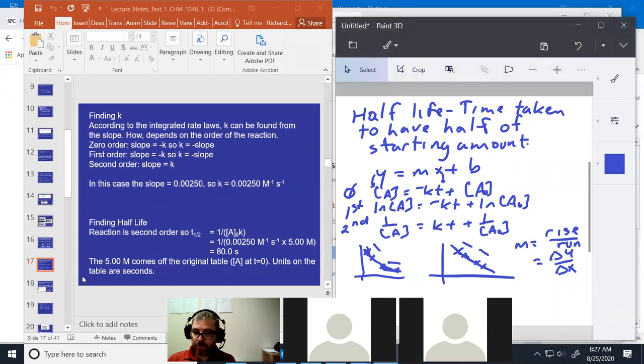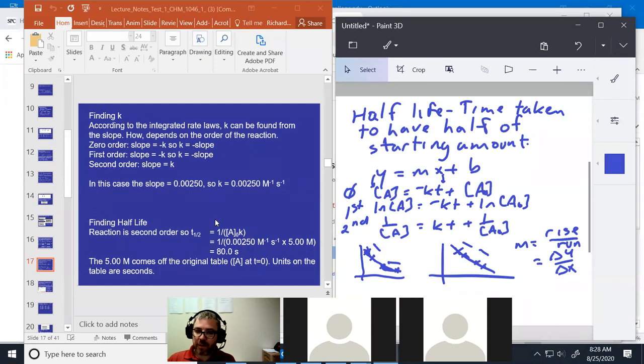So finding the slope is just finding the time for k. I'm not sure I understand your question, Alyssa. So if you're finding the slope, how it comes out negative for the first and the 0 order, but the second order is positive? That's just finding the slope, not the time, Alyssa.